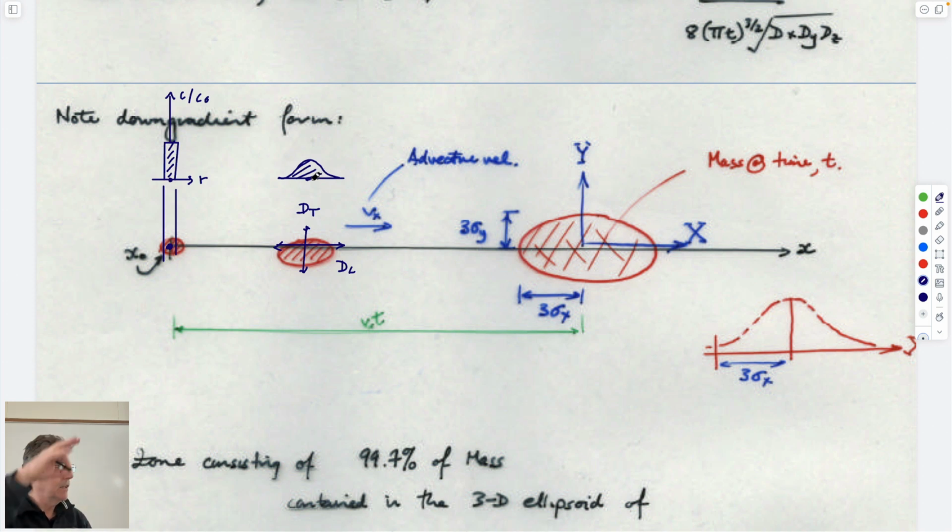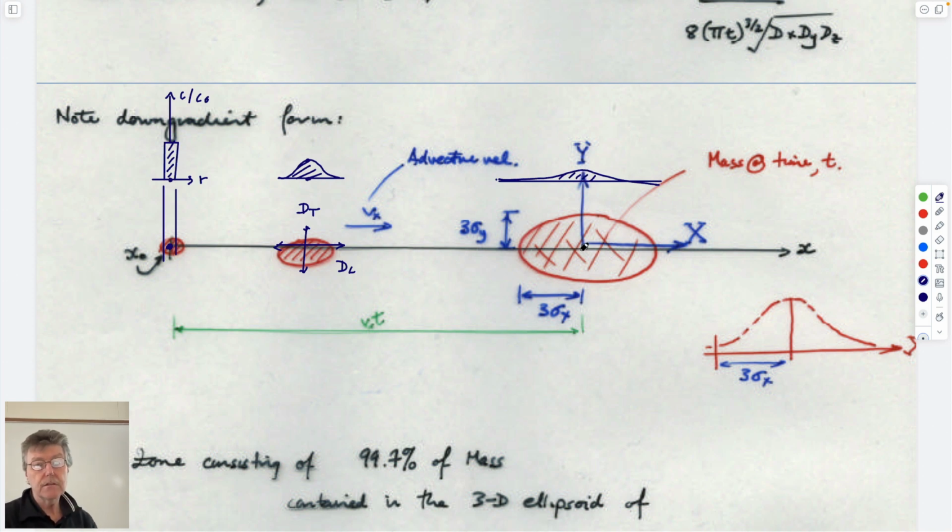If it's getting wider, it's getting flatter. And so this concentration has to be less. And as you get to this point here, I don't know if I can draw it flat enough. Apparently didn't do it fast enough. This would be this.